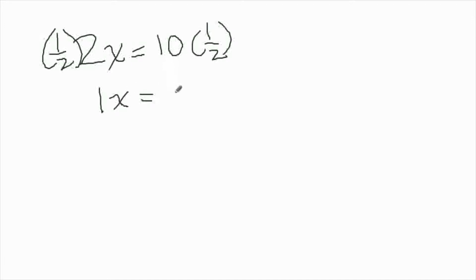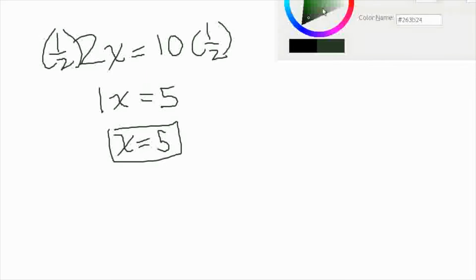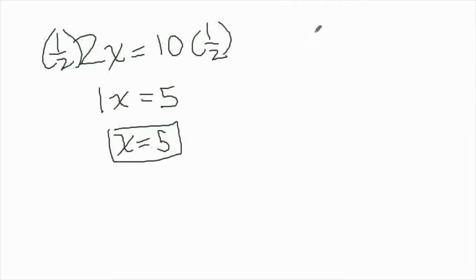On the right side, half of 10 gives 5. So that's the same as x equal to 5. Now, I multiplied by 1/2. I could just as well have divided by 2, and I would have got the same thing.